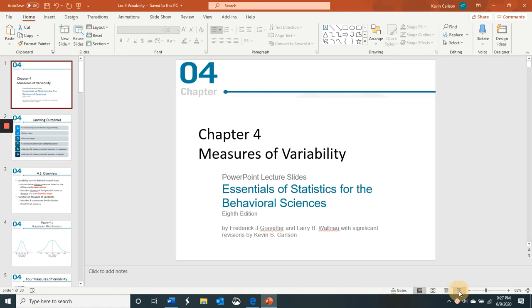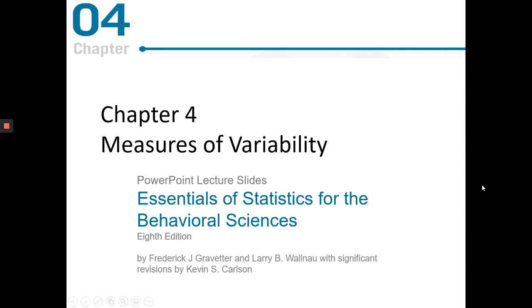Hello, everybody. This is lecture 4, and it's in many ways a companion lecture to lecture number 3, which we just finished, which is the central tendency. We're still in descriptive statistics, so we're describing our sample's data.